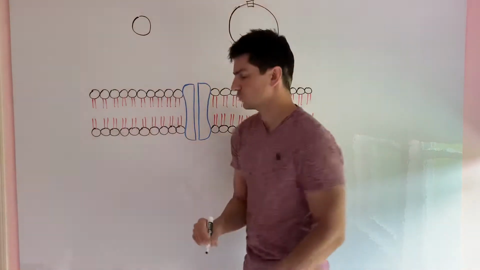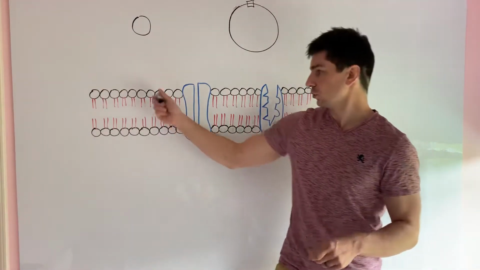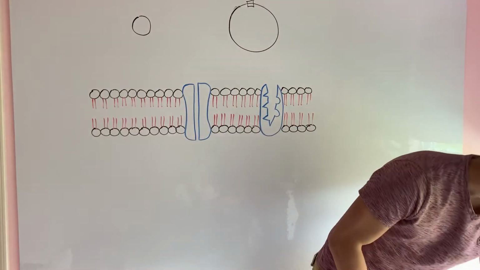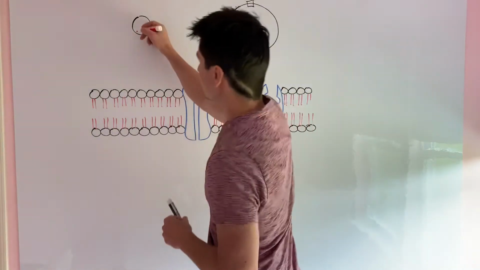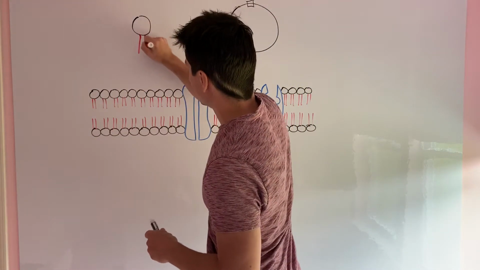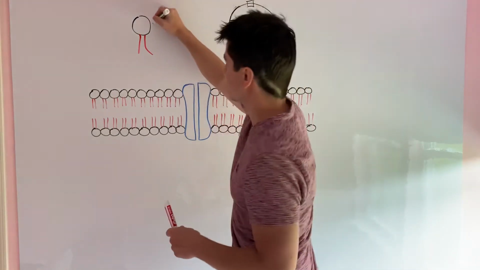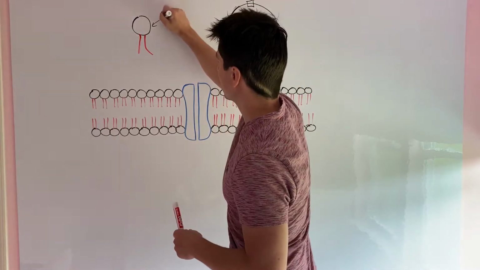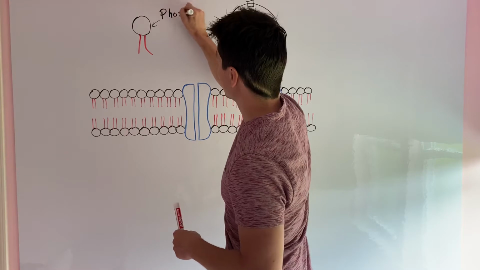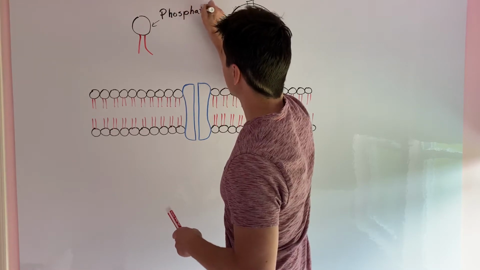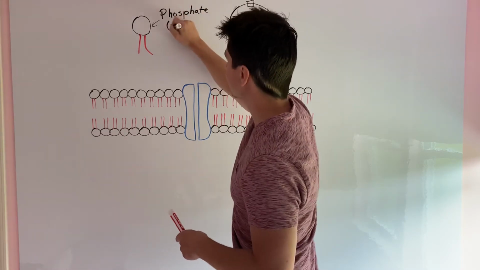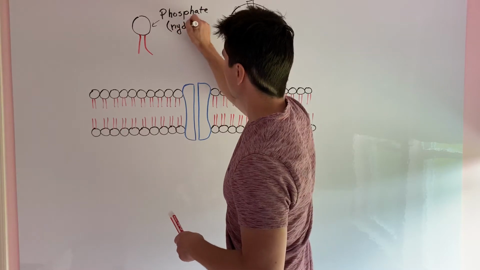We have 2 parts to our phospholipid. We have a circle, and then attached to that, we have 2 tails. The circular part of our phospholipid is called the phosphate. And the phosphate is hydrophilic.